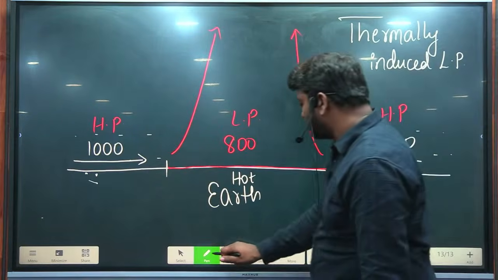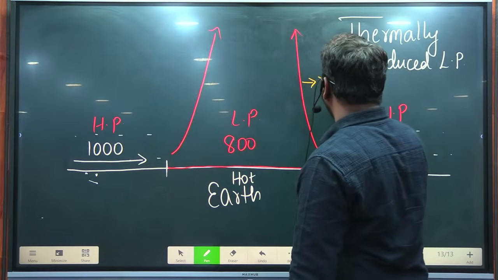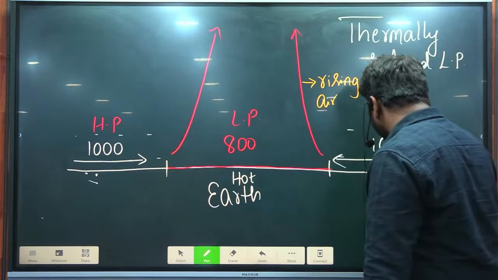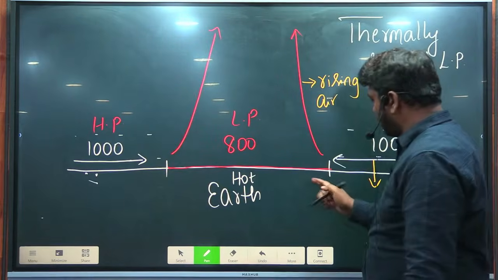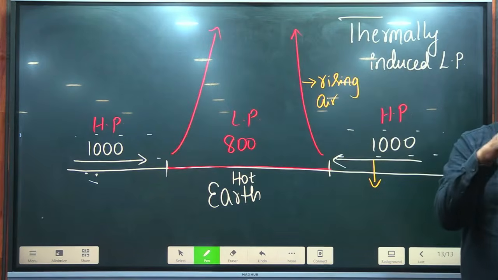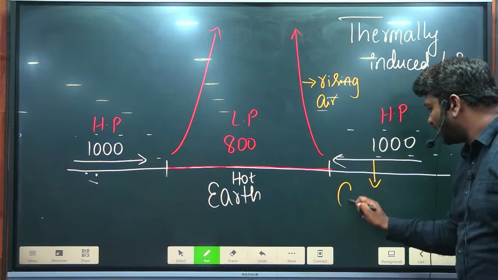Can you explain what are the two processes occurring here? What is happening in this particular part? Air is rising. What is happening in this particular part? Air from both the sides, are they moving towards each other or are they moving away from each other? Towards each other.